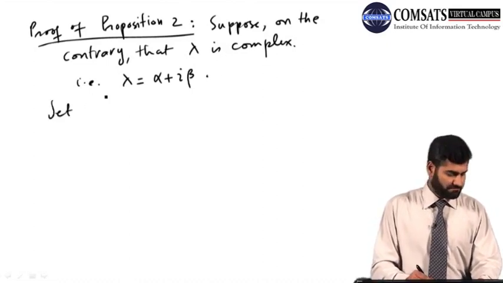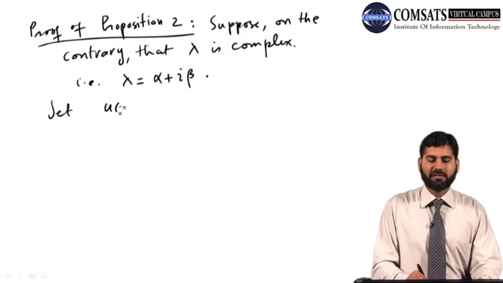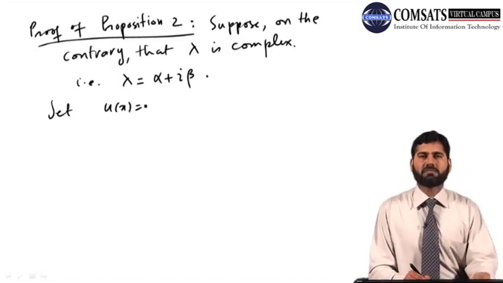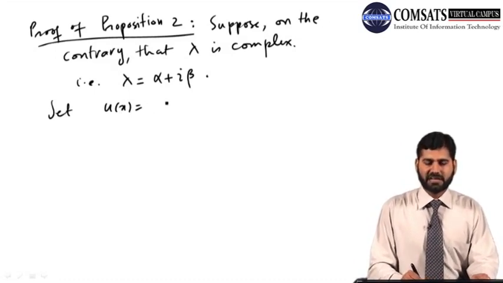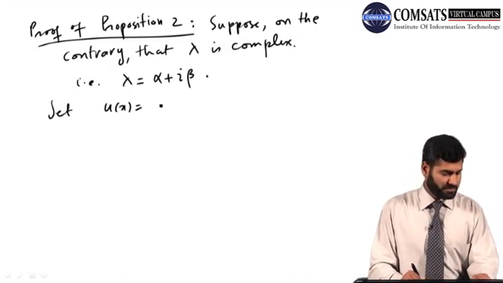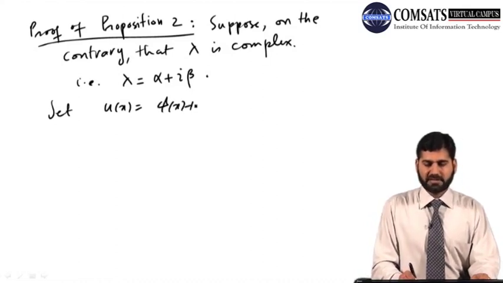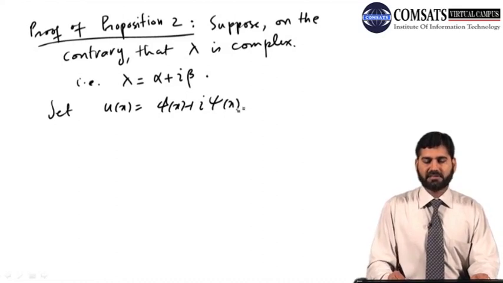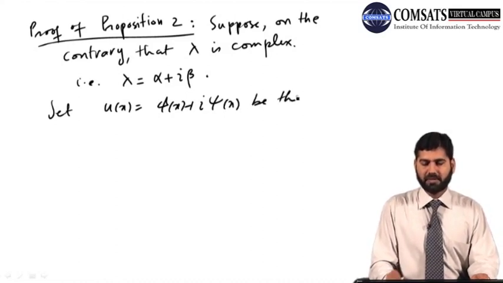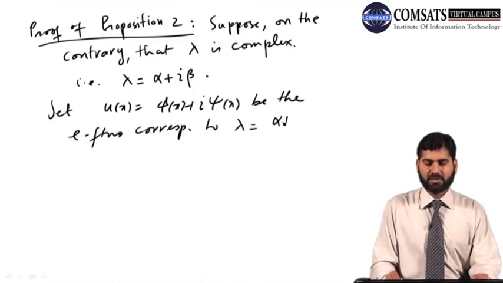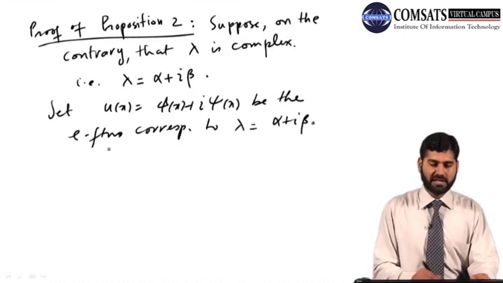If the eigenvalue is complex, then we can expect the eigenfunction to be a complex function as well. Then let u x be equal to phi of x plus iota psi of x, the eigenfunction corresponding to lambda equal to alpha plus iota beta.